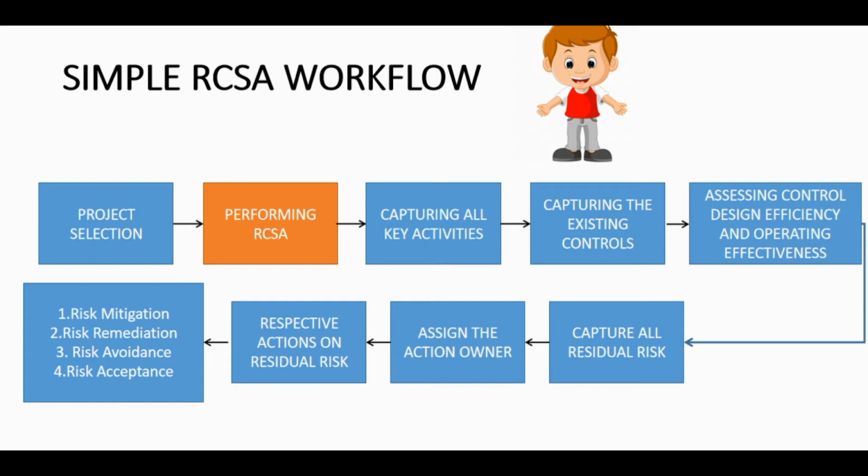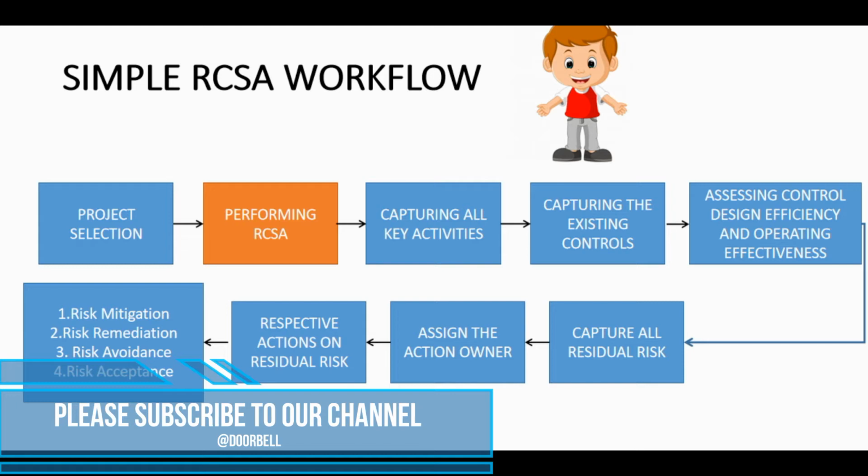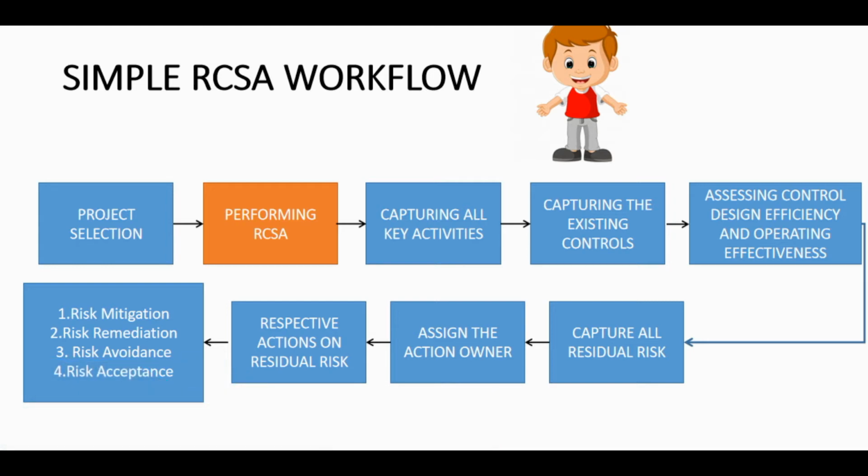Once we capture all the control information that we have for our projects or for the project related activities, it's time for us to assess the design efficiency and the operative effectiveness of the control, to see whether the controls that we have so far are effective or ineffective.